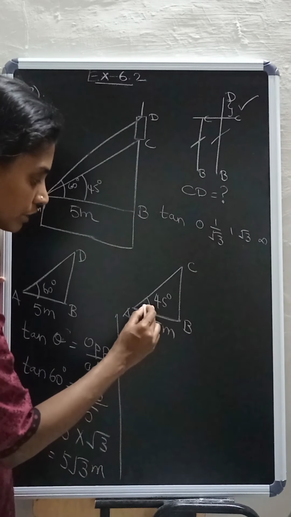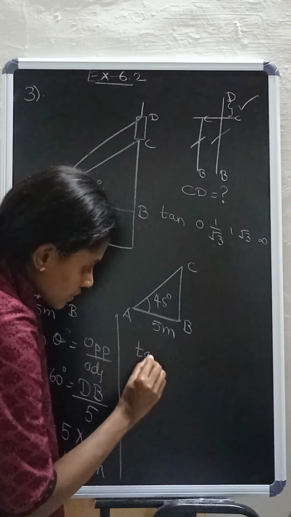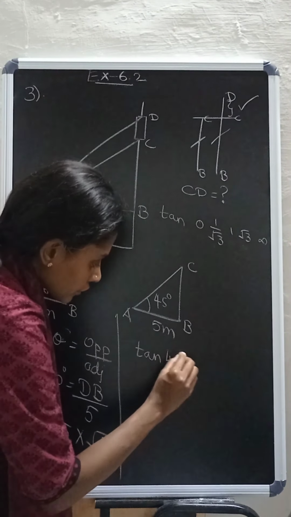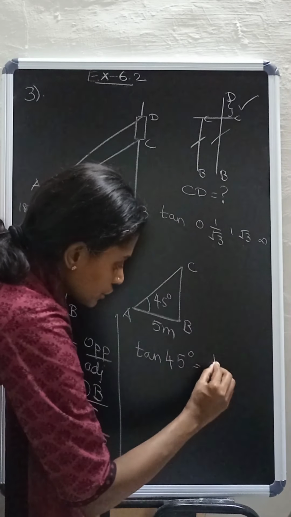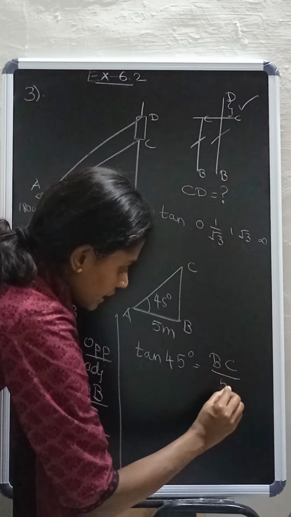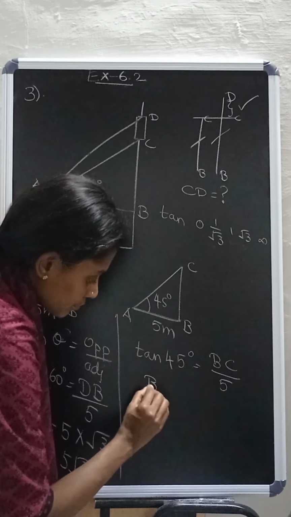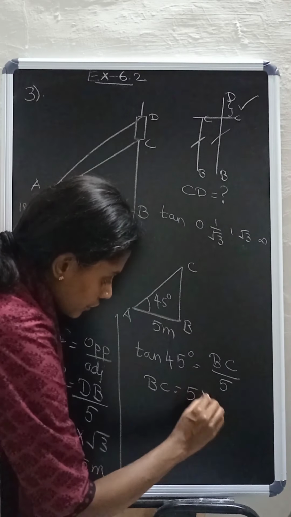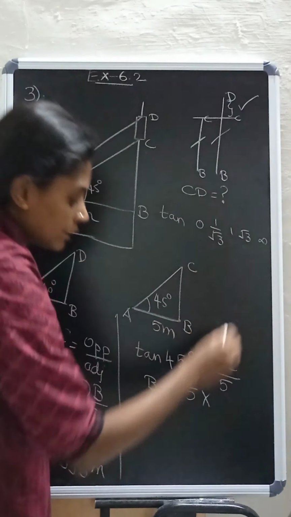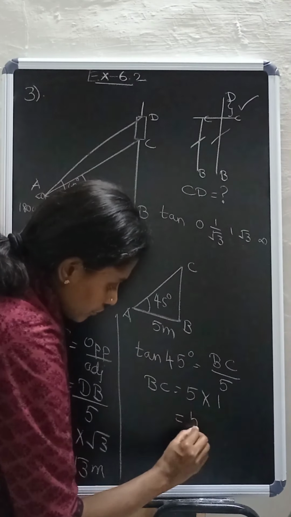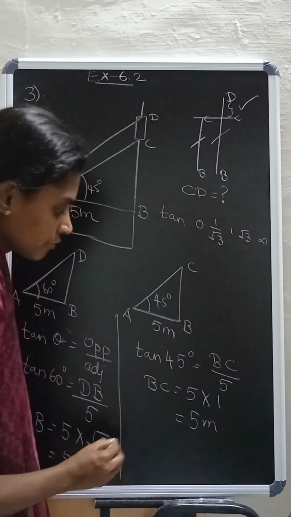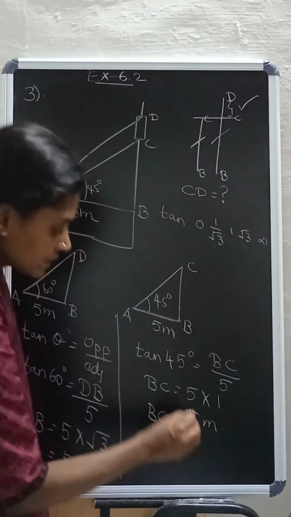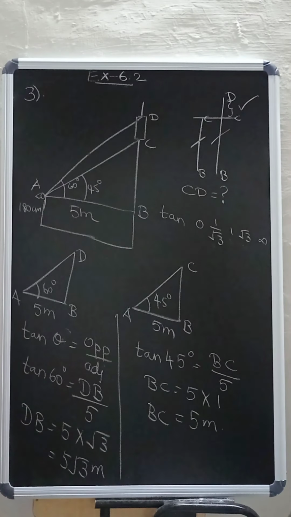Now here also we are going to take tan theta. So tan 45 degrees is equal to BC by 5. BC is equal to 5 into tan 45 value is 1. So 5 ones are 5 meters. So BC is equal to 5 meters and BD is equal to 5 root 3 meters.